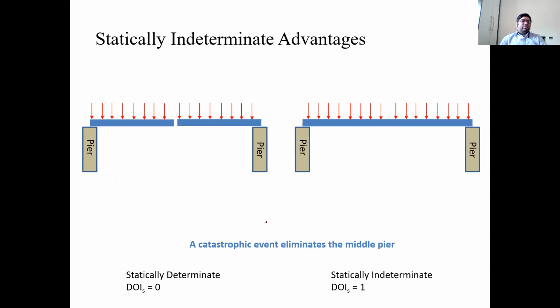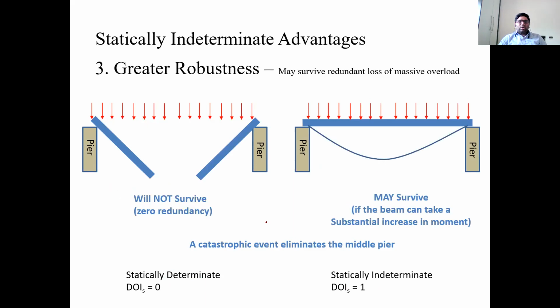Now, say for example, because of heavy floods or because of any accident, the middle column was completely washed away. Because the middle column was completely washed away, and if it is subjected to load, see the difficulty here. The entire beam is falling down. It will not survive. There is no redundancy at all.